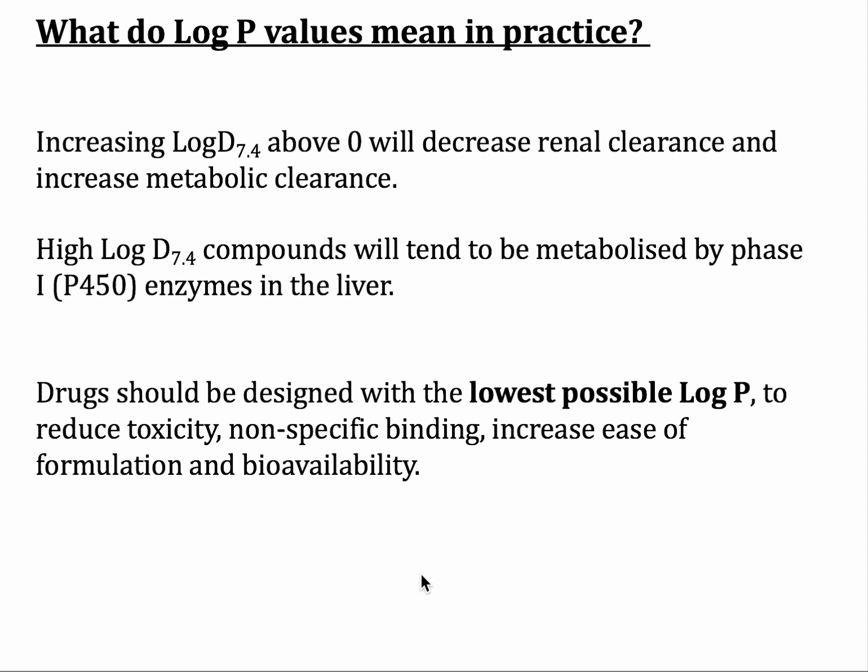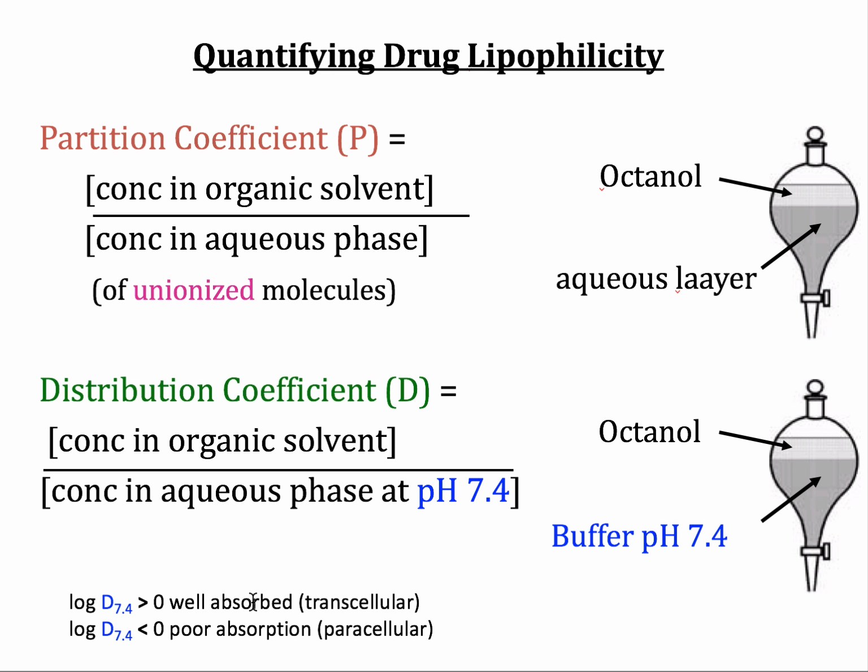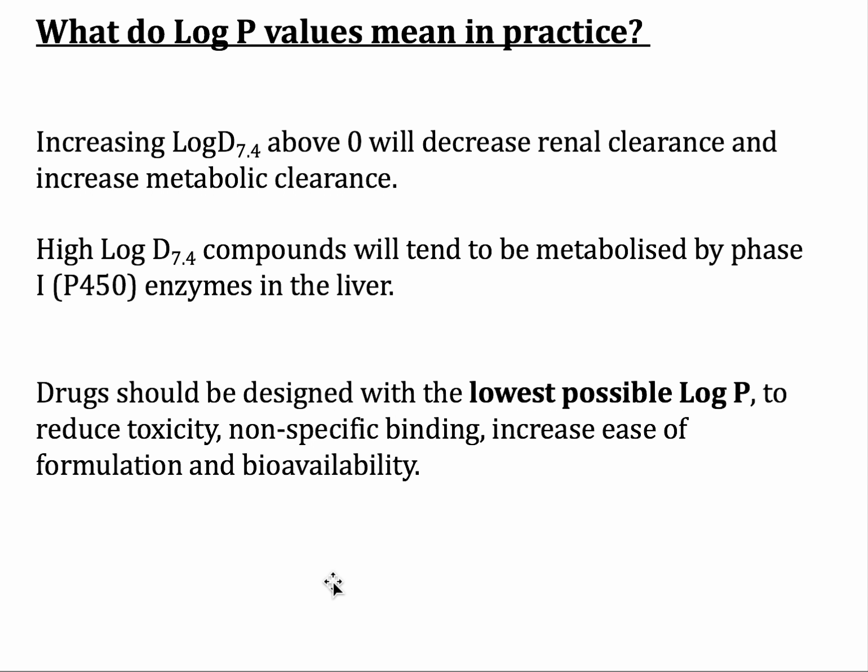So you can see increasing the log D 7.4 will decrease renal clearance and increase metabolic clearance. As I said before, if it's above 0, it's usually well absorbed transcellularly, which means that it will decrease the renal clearance, so less drug is lost via your urine and things like that.